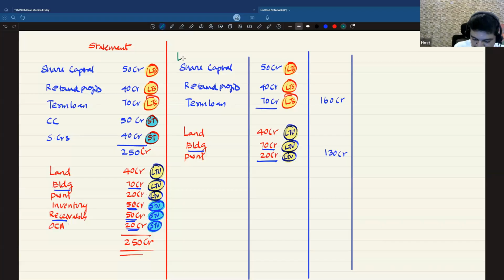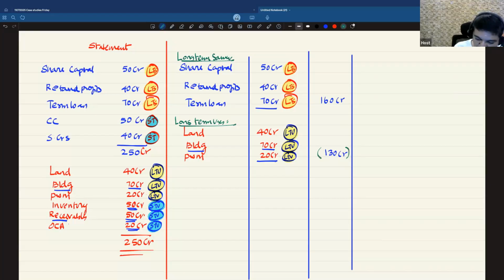So let me write that here. Long-term sources, this, and long-term users is this. The sources is 160 crore, users is 130 crore.